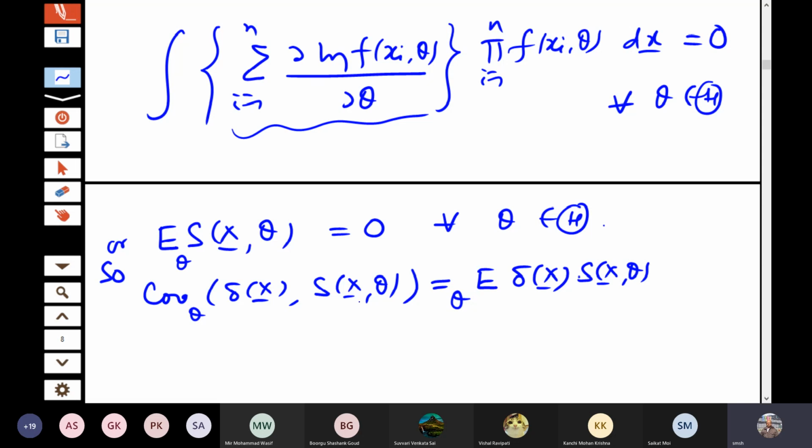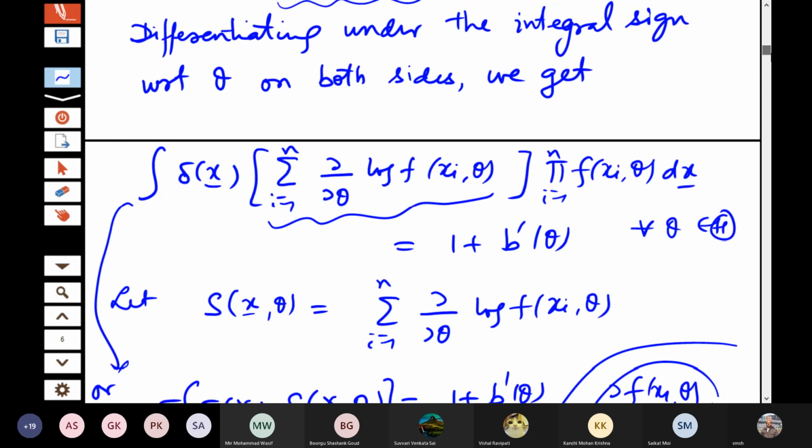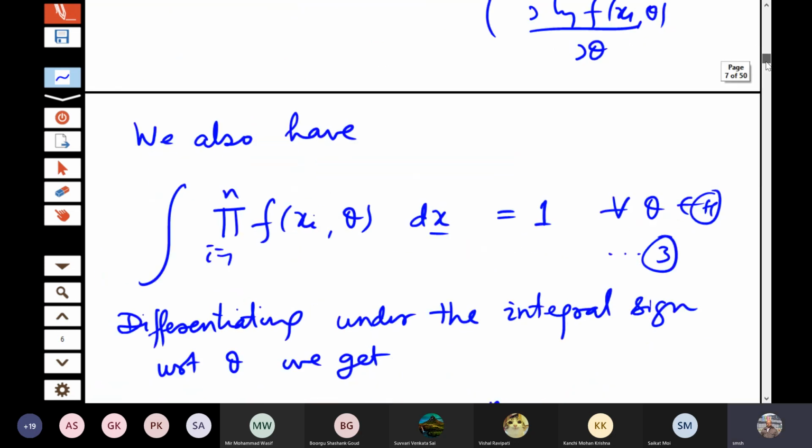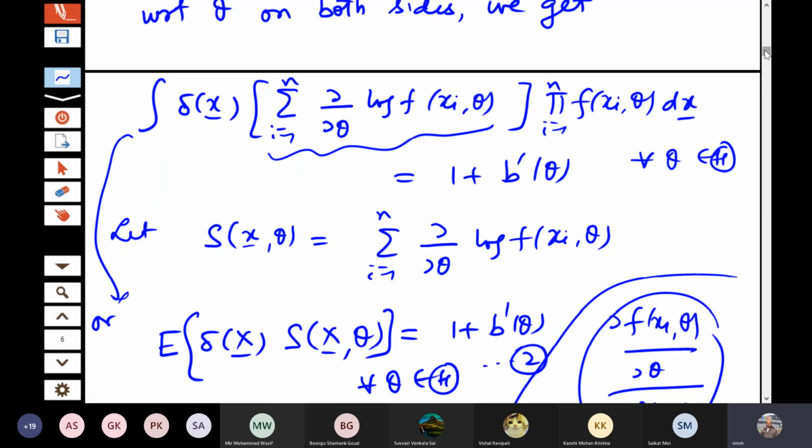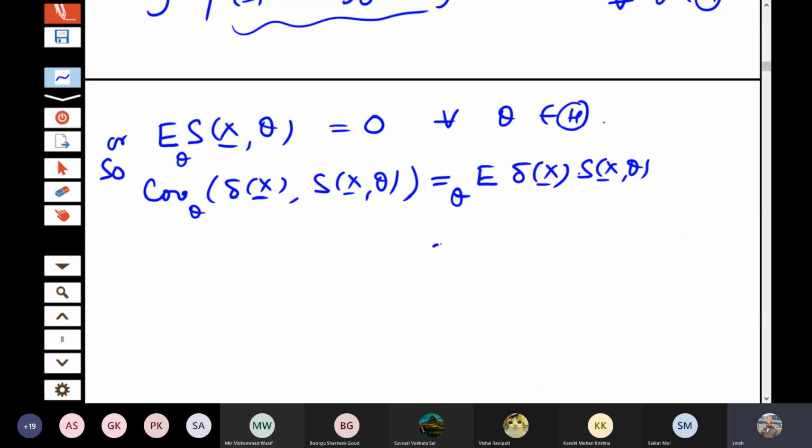Since expectation of S(x, theta) is 0, it is reducing to this much only. And expectation of delta x S(x, theta), just now we have written, is equal to 1 plus b prime theta. So we have got this is equal to 1 plus b prime theta.